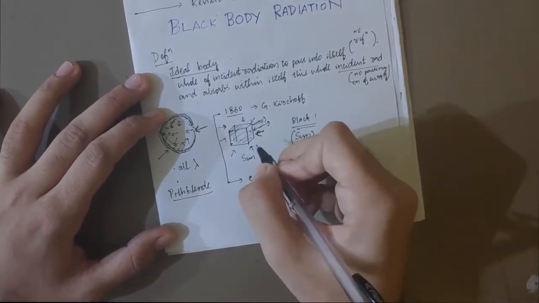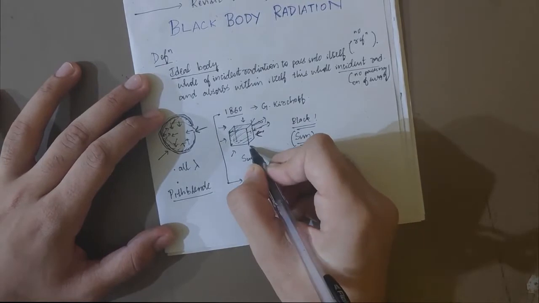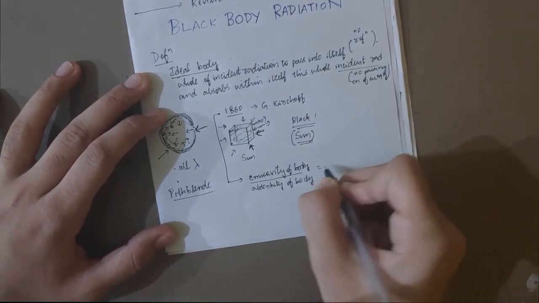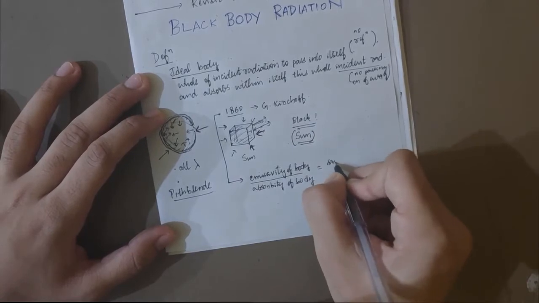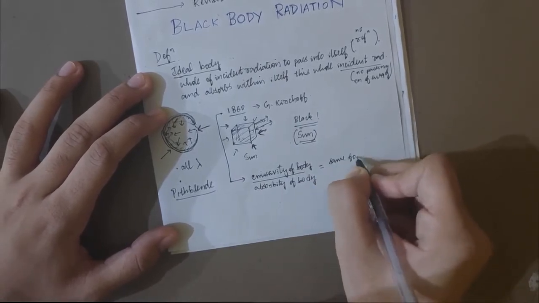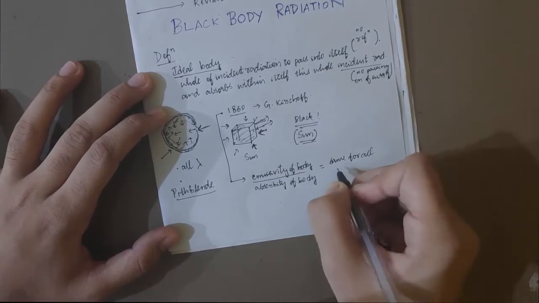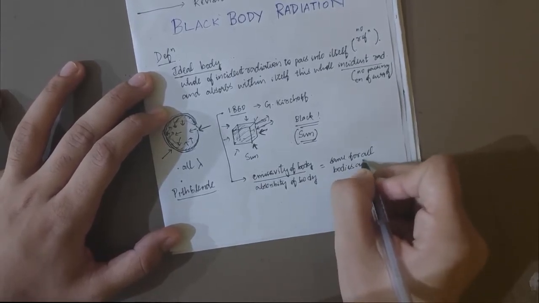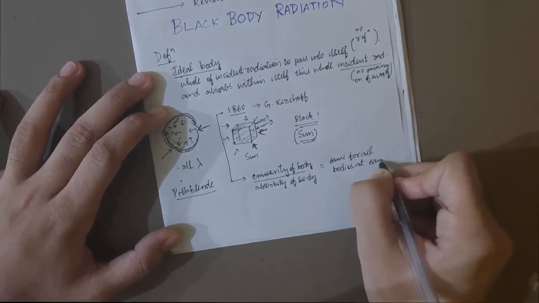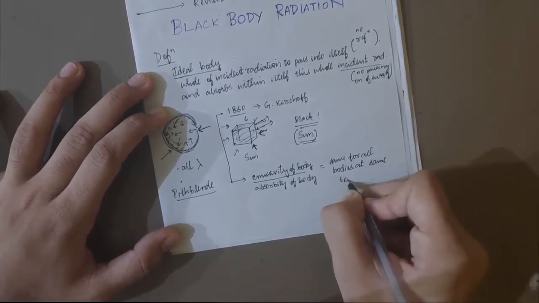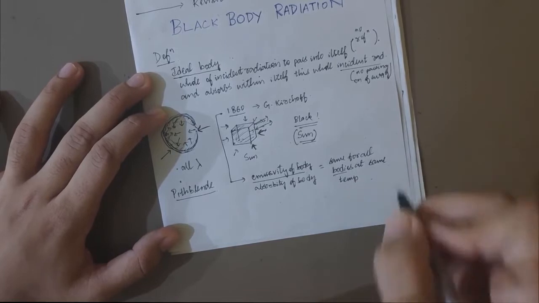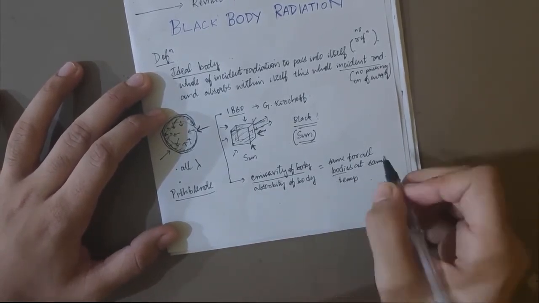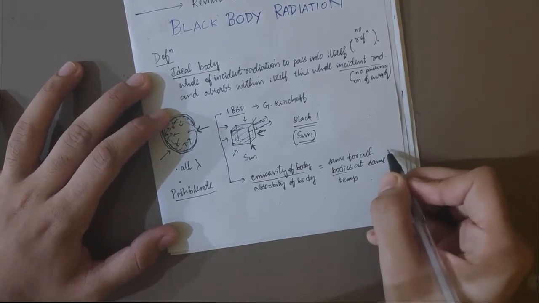Now in this ratio, the numerator is the amount of light emitted by the body after it is in equilibrium, and the denominator is the amount of light absorbed by the body. This is the same for all bodies at the same temperature. Mind you, when I talk about all bodies, I'm talking about black bodies.